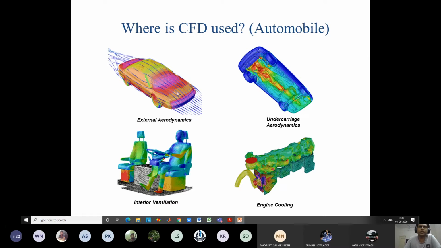Undercarriage aerodynamics is similar, related to this only. By properly designing the flow under the car, you can create a negative pressure. As a result the car will stick more to the road surface and there will be less chance of skidding, particularly if you are driving over hazardous conditions like a lot of water or rain flow, or snow, ice formation.